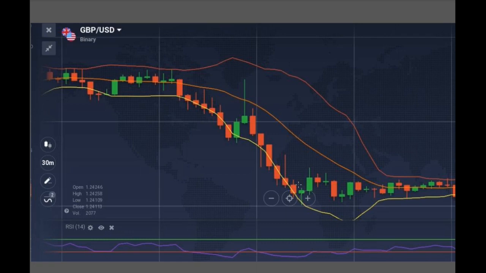Some formations are greater than others. There are some hamster formations that you can close your eyes and say this is a winning trade. There are some that you look at and you say no, this is not a clear opportunity. It's going to win, but I don't think it's going to win by a mile.